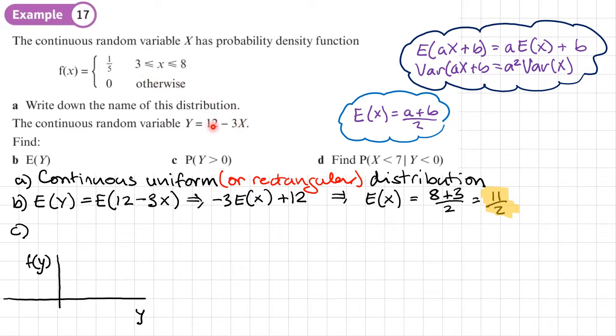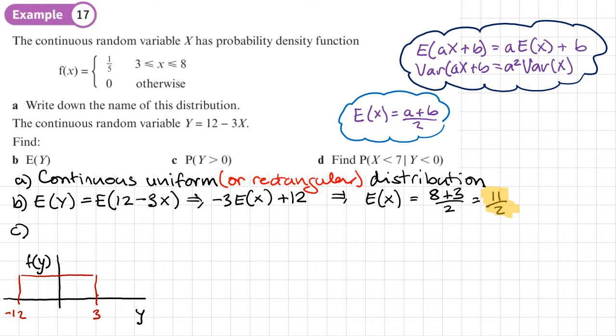First of all, 12 minus 3 times 3 is 12 minus 9, which gives me 3. So one end of the distribution is 3. Then substitute 8 into this: 12 minus 3 times 8, 12 minus 24 gives me negative 12. So you can again have negative values. It's a rectangular distribution.